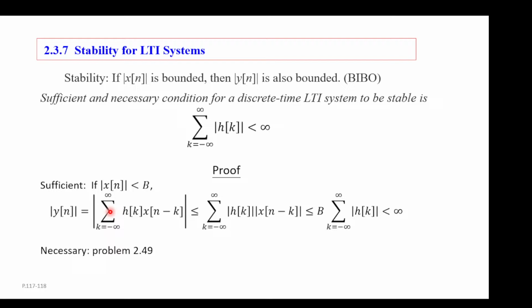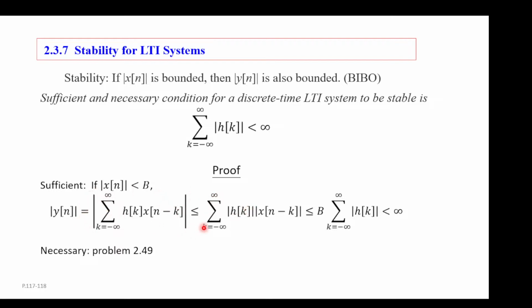So summation k from minus infinity to plus infinity of h[k] times x[n minus k]. We write it this way because we know this is the easier way to go. So we write the convolution for y, and then we have absolute values on y, an absolute value on this whole summation.